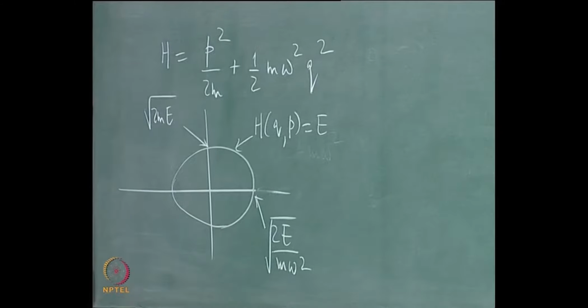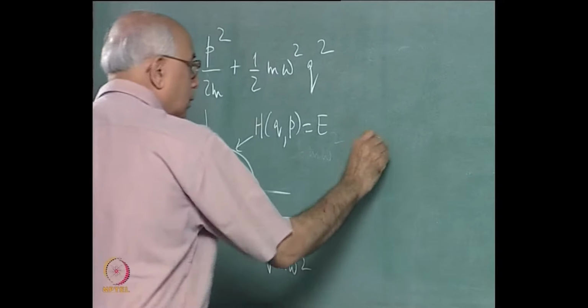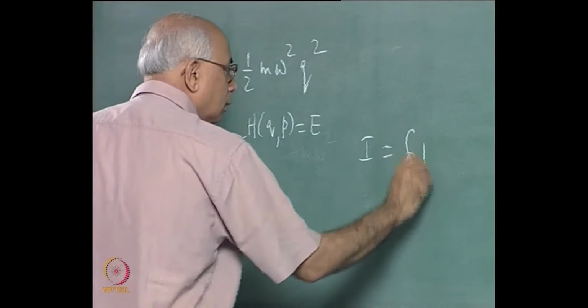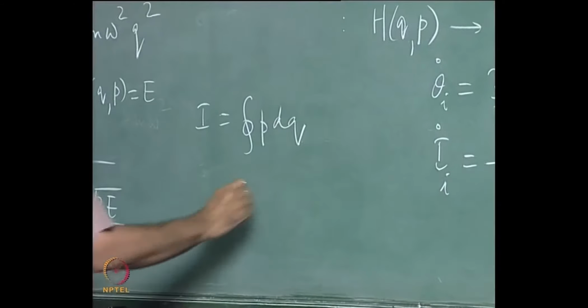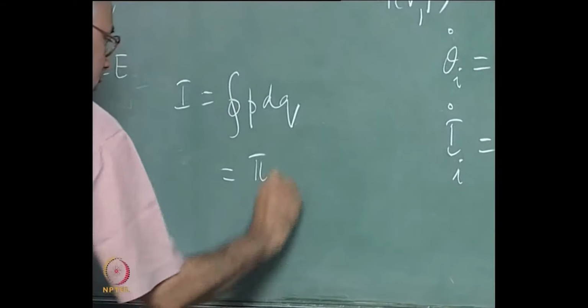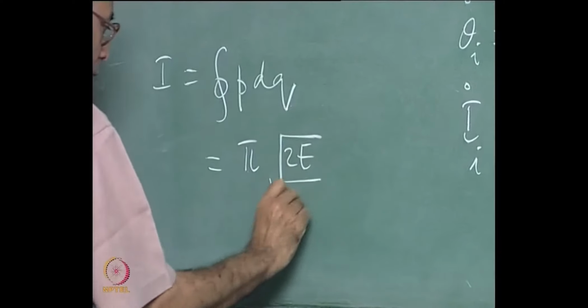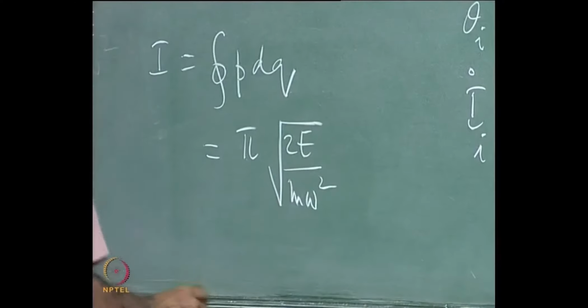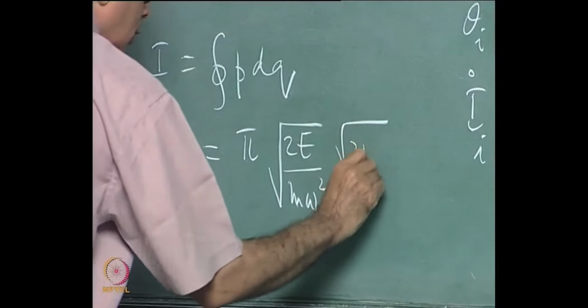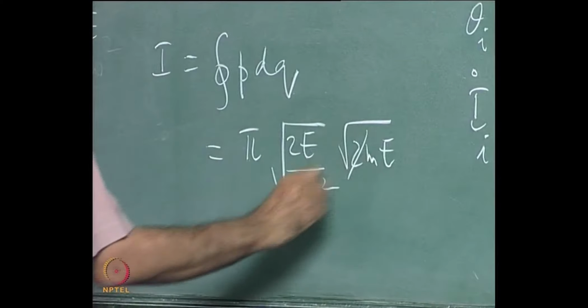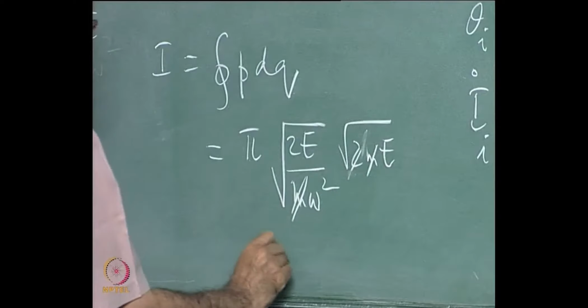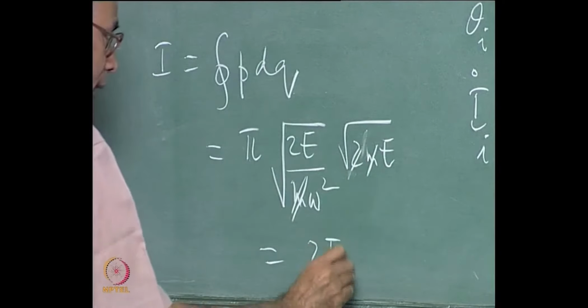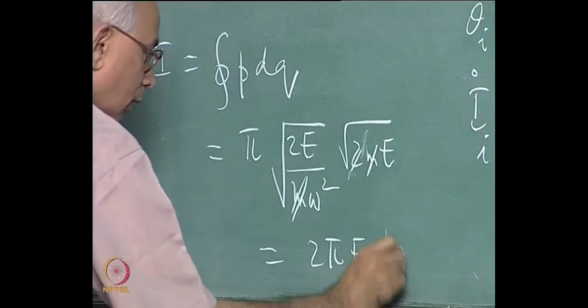Therefore, the action integral p dq is simply the area of the ellipse, which is pi times the semi major axis, which is root 2E over m omega squared times square root of 2mE. The m cancels, and this is equal to 2 pi E over omega.